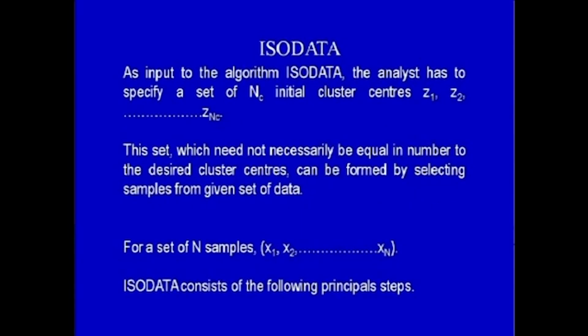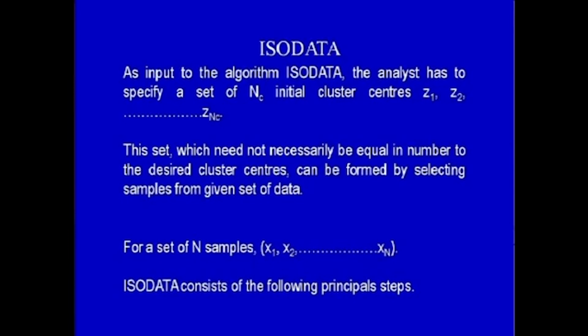As input to the algorithm ISODATA, the analyst has to specify a set of initial cluster centers, that is NC, being represented by Z1, Z2, Z3 and so on to ZNC.